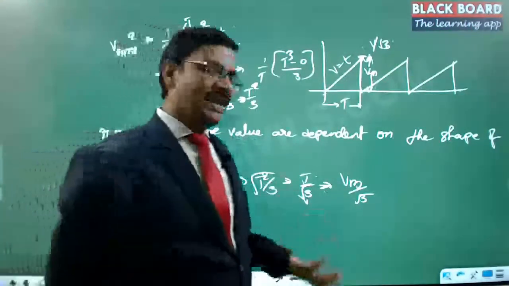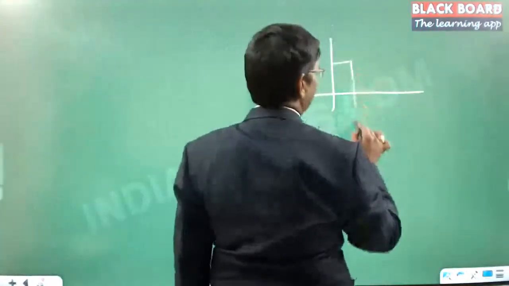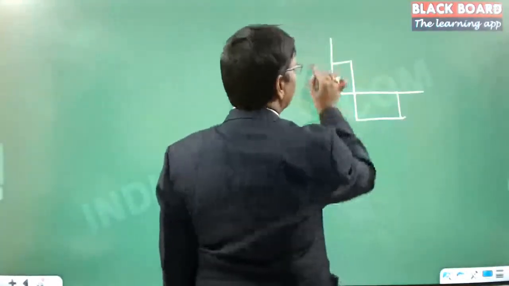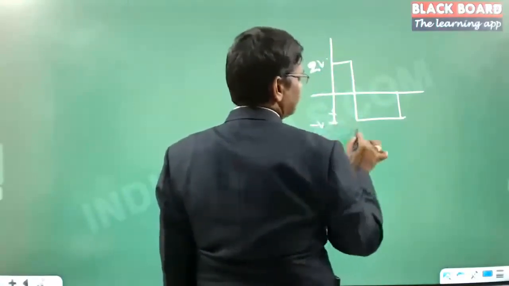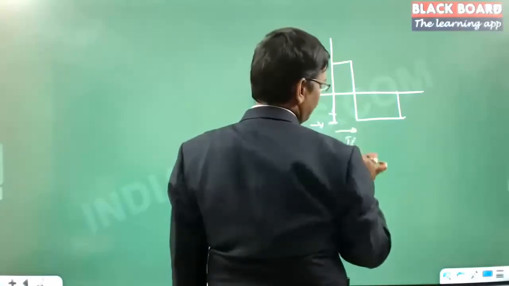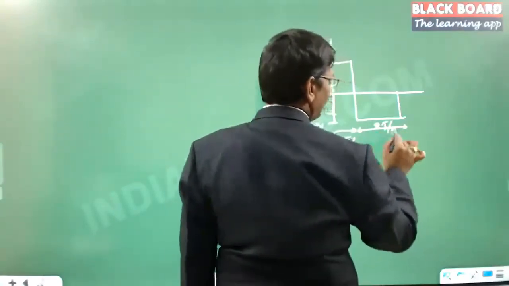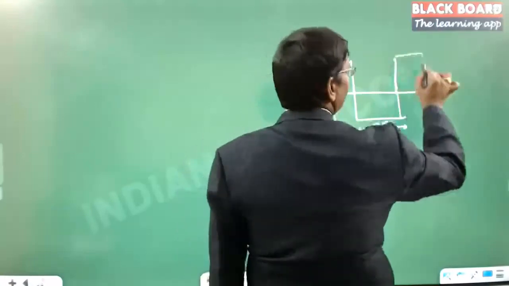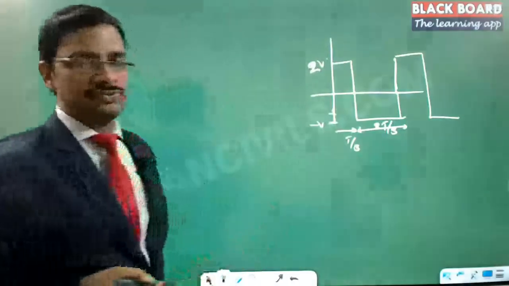Now, suppose the areas are equal. Suppose I give this particular waveform, the same kind of waveform we calculated earlier. This is 2V and this is minus V. Until this point it is T by 3, and from here to here it is 2T by 3. Calculate the RMS value for this.